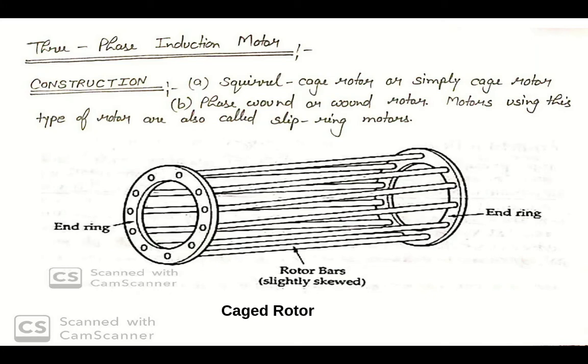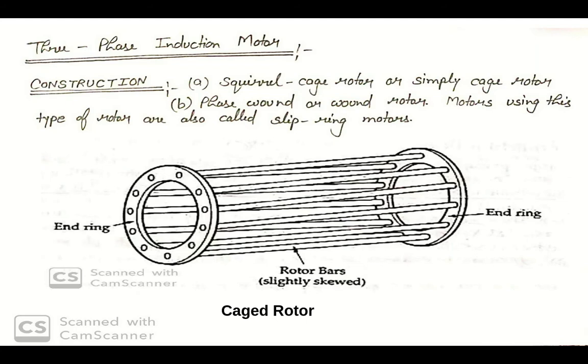Now the construction of a three-phase induction motor is based on, first, the squirrel cage rotor or simply cage rotor, and second, the phase wound or wound rotor, that is also called slip ring motors.